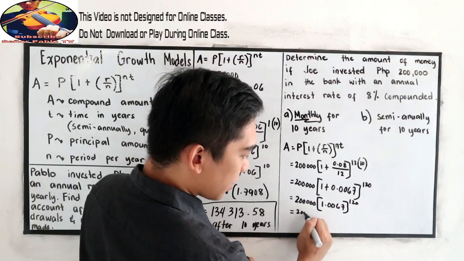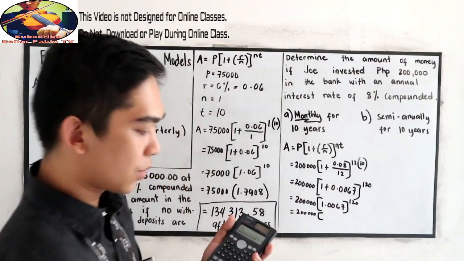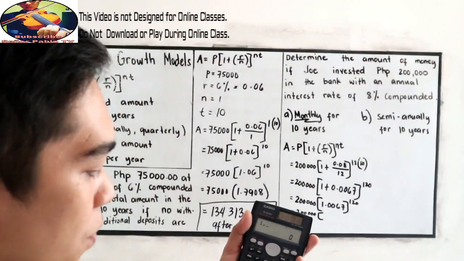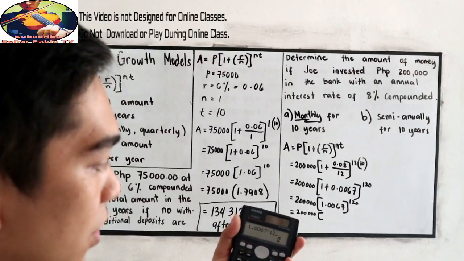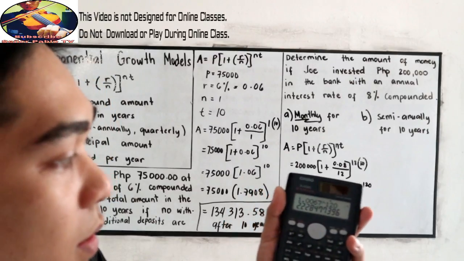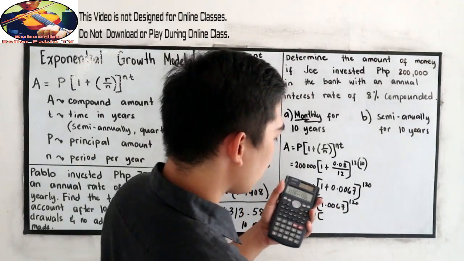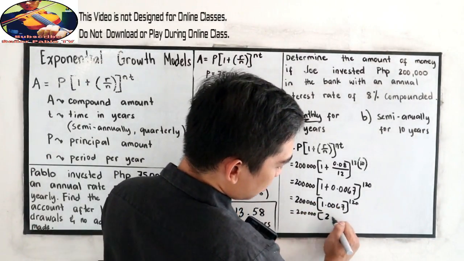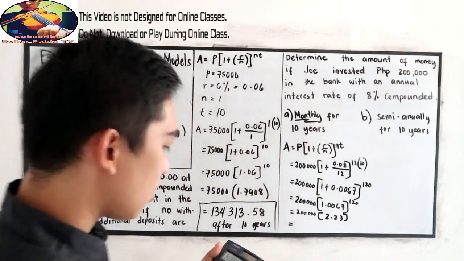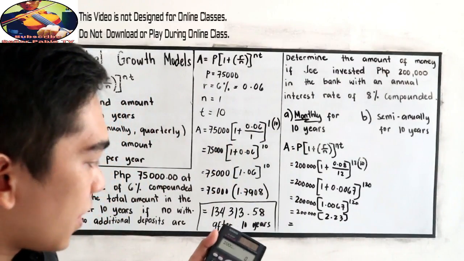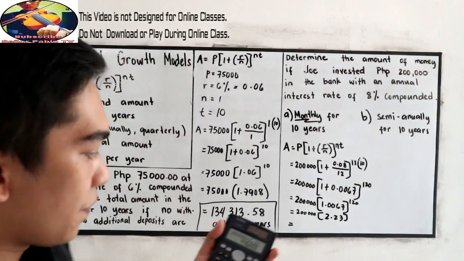So 200,000 times, so we're going to raise 1.0067 raised to 120. That is 2.23. So this is 2.23. Now 200,000 times 2.23.